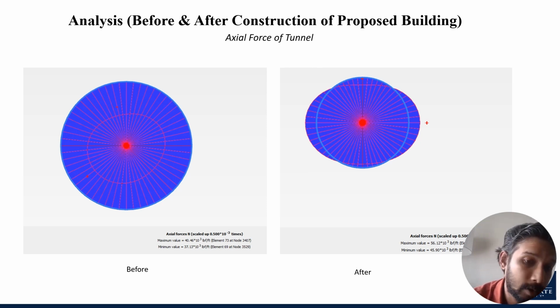From the values we can see the axial forces increased very significantly. The maximum value before was 40.46 pounds per foot, which becomes 56.12.